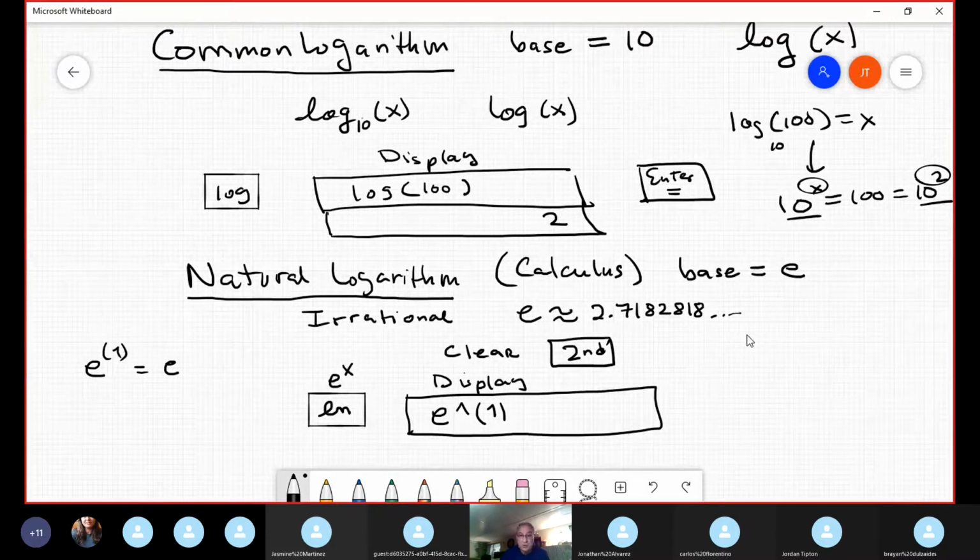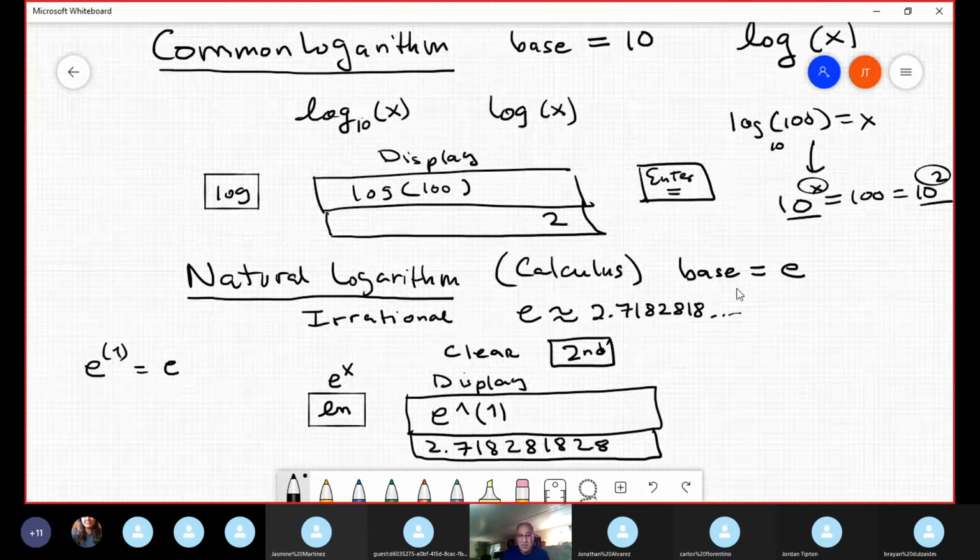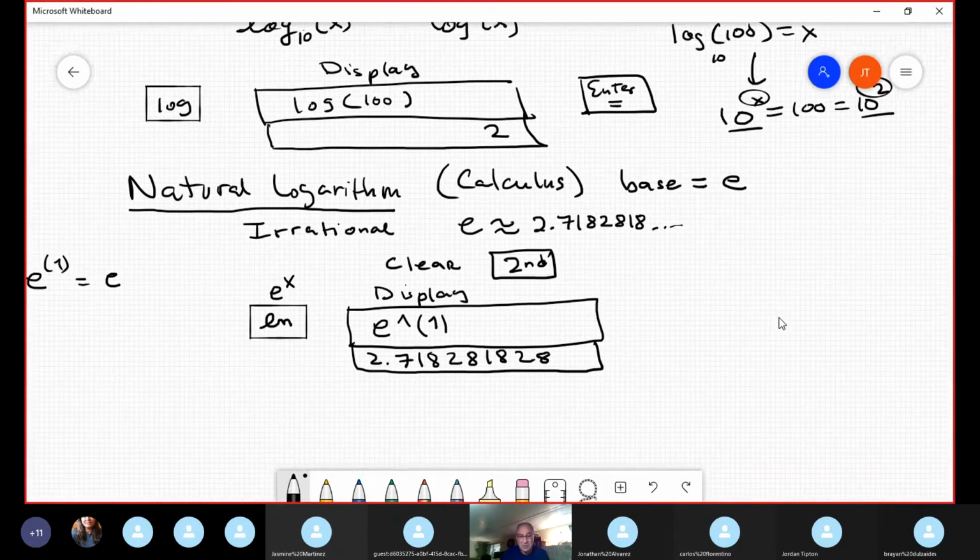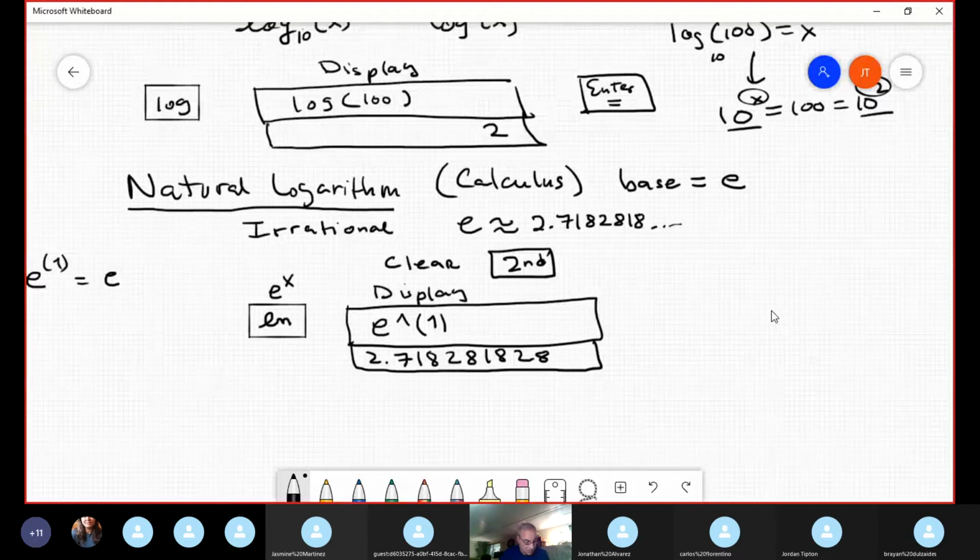Again, you see the answer below is 2.71828182, depending on the approximation. Also, on some calculators you can set your own approximation, while others, like this calculator, have only 1, 2, 3, 4, 5, 6, 7, 8, 9 decimal places.